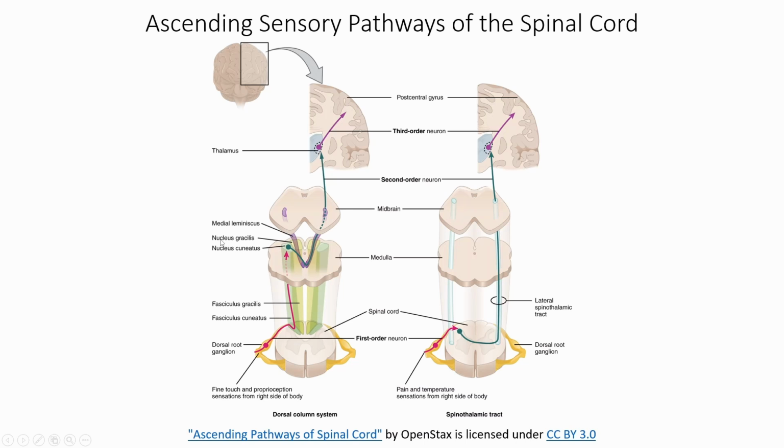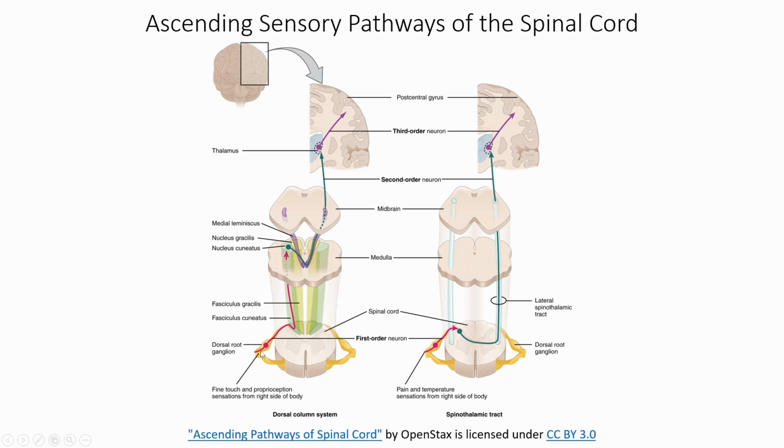If it was the leg, it'd be traveling through the nucleus gracilis, which is in this lighter lime green you see in here, right? Traveling up, we get to the nucleus of that part of the pathway, right? And then at the medial lemniscus, we're going to pass over to the left in this case.